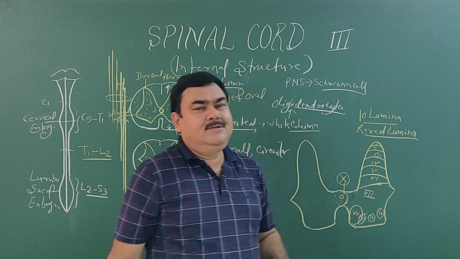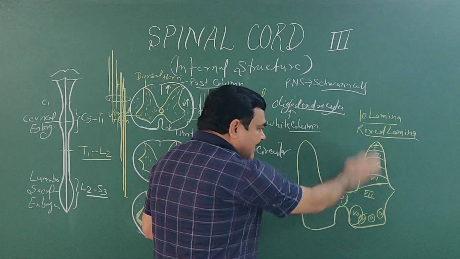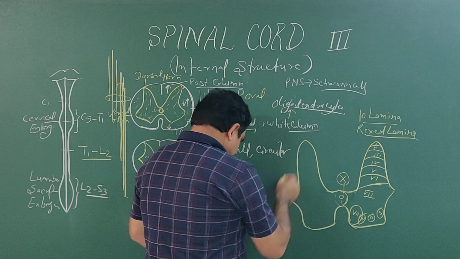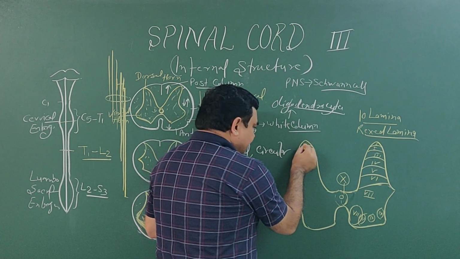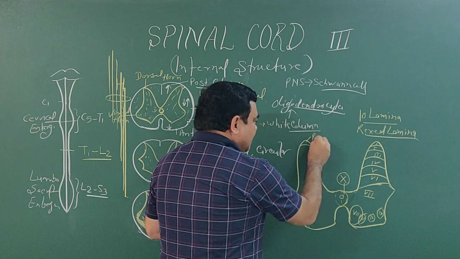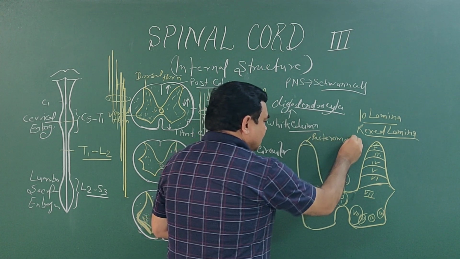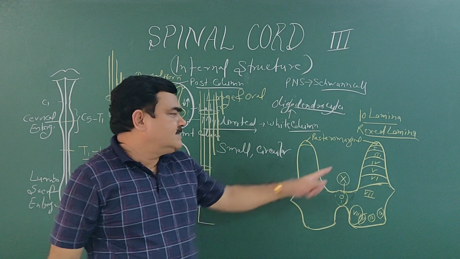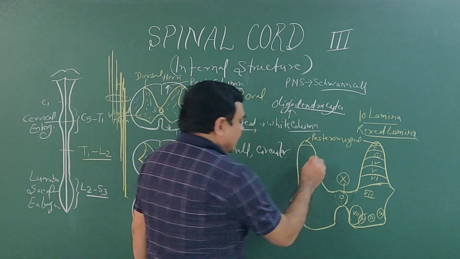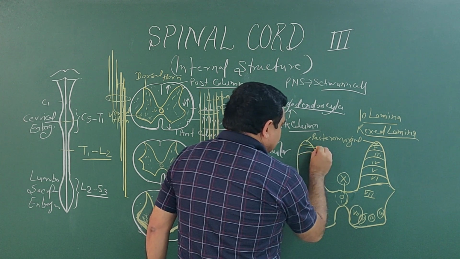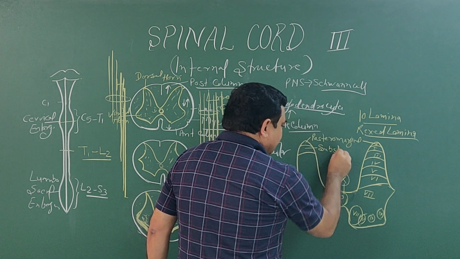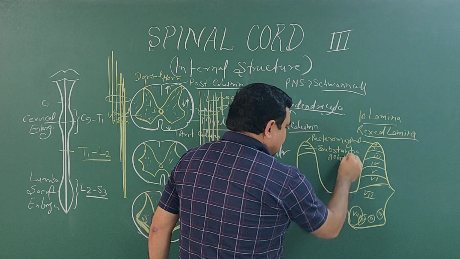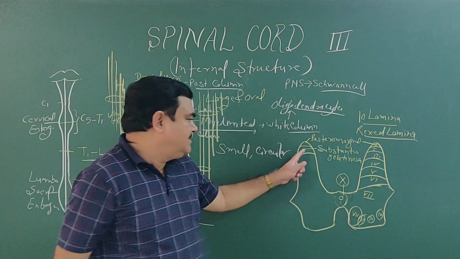If you compare this laminar pattern, the Rexed laminae, with the nuclei, here is one nucleus, the posterior marginal nucleus, and it is the same as Rexed lamina 1. And there is the substantia gelatinosa.